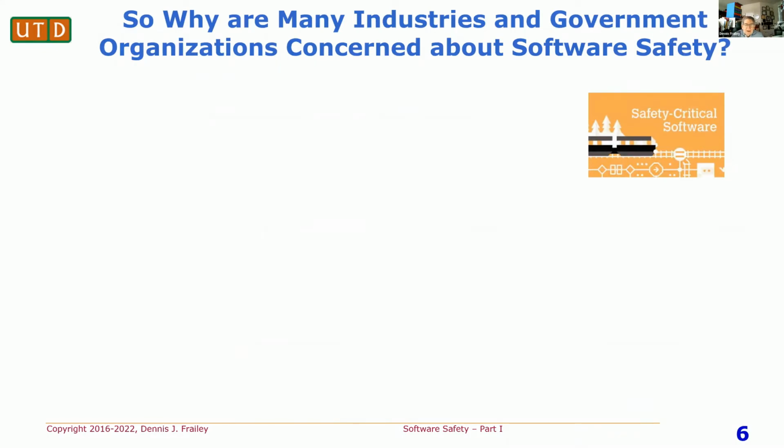let's talk about the organizations that are concerned about software safety and then get some insight as to why they are concerned. Air travel. Basic idea with air travel is if software is controlling a lot of the airplane, then if the software has a mistake, the airplane may not fly. Military applications where you're using very dangerous equipment, you have to be very concerned about safety issues or somebody might get hurt.